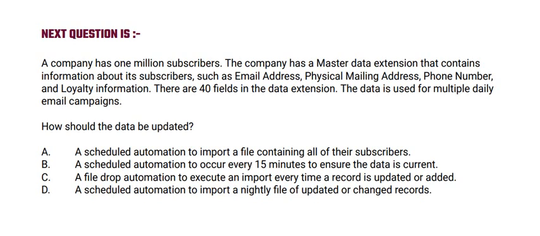Options are option A, a scheduled automation to import a file containing all of their subscribers. Option B, a scheduled automation to occur every 15 minutes to ensure the data is current. Option C, a file drop automation to execute and import every time a record is updated or added.